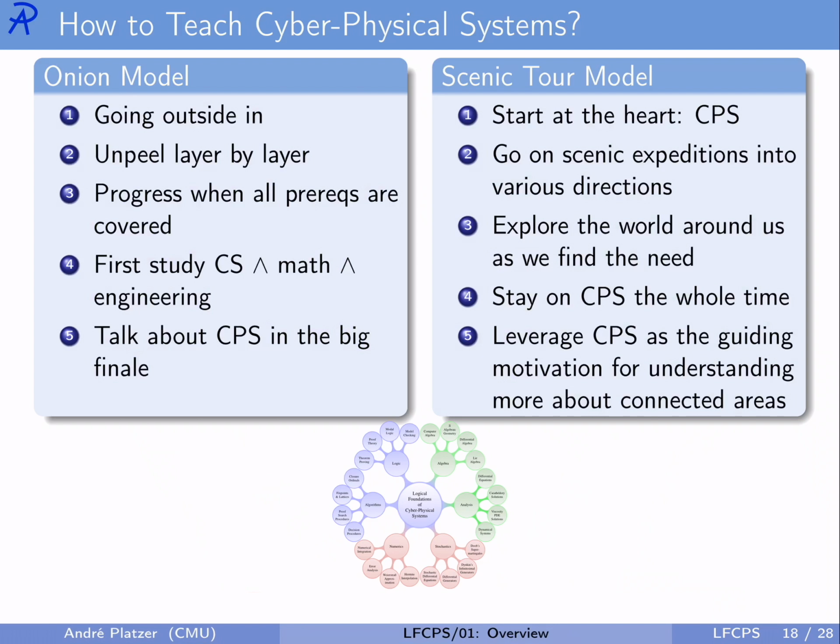The advantage of that is that we stay on cyberphysical systems the entire time, and we also leverage cyberphysical systems as the guiding motivation for understanding the various other connected areas of science. Of course, the twist is that this requires very careful prerequisite management in order to make sure that we pull in the intuition of other areas in the maximally efficient way right when we need it.